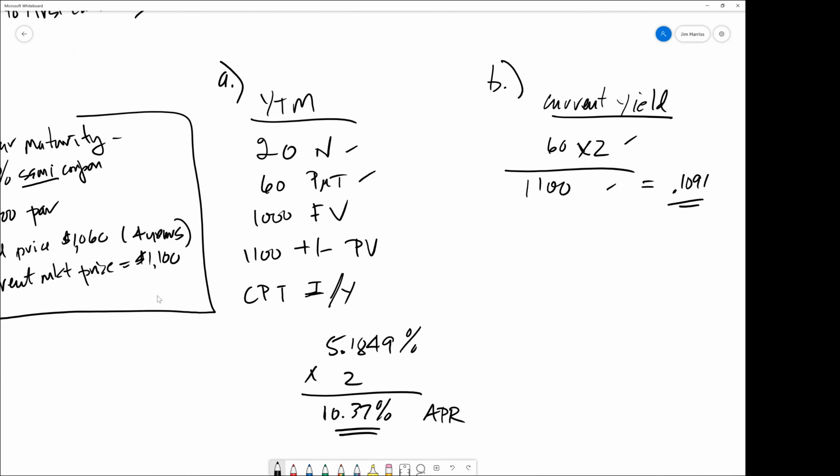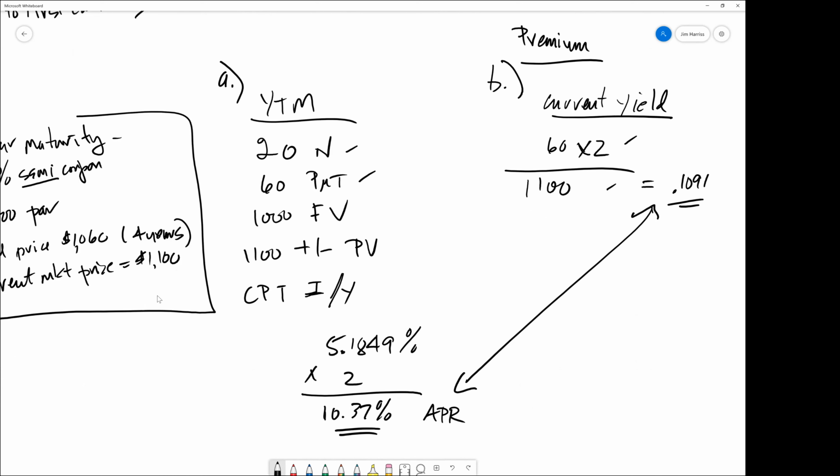And again, your current yield had to be greater than your yield to maturity, because you have a premium bond here. This is just the opposite of everything I told you earlier. You bought a bond for more than $1,000, so the key that I gave you earlier is reversed.